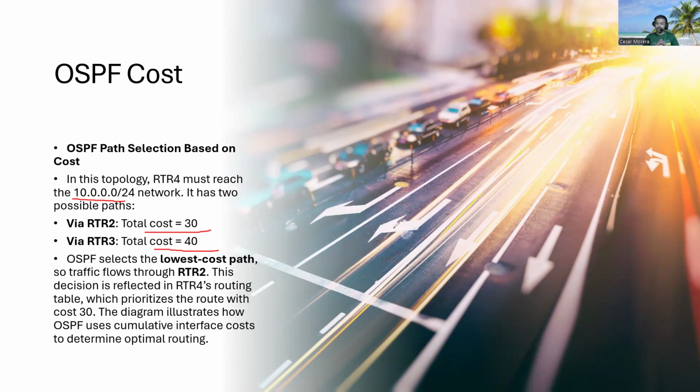And this decision is reflected on RTR4's routing table, which prioritizes the route with the cost of 30. The diagram illustrates how OSPF uses cumulative interface costs to determine the optimal routing. That's the way that OSPF determines the best path. Let's continue learning about OSPF.